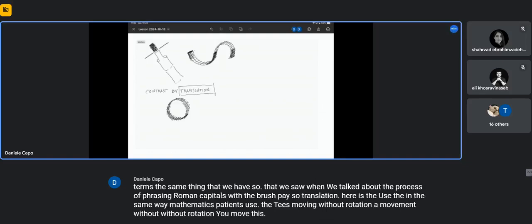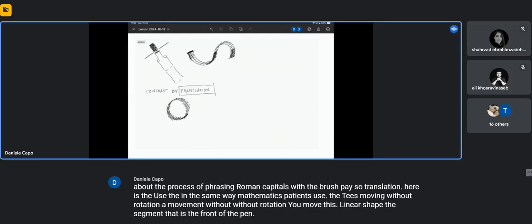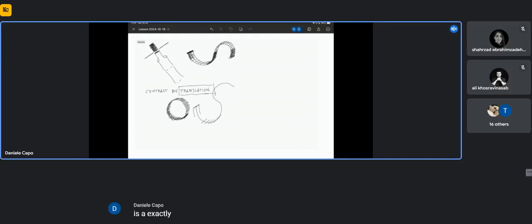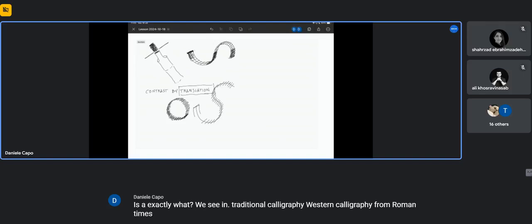You move this linear shape, this segment that is the front of the pen, without rotating, and obviously what you have is exactly what we see in traditional calligraphy, Western calligraphy, from Roman times up to the late Renaissance.